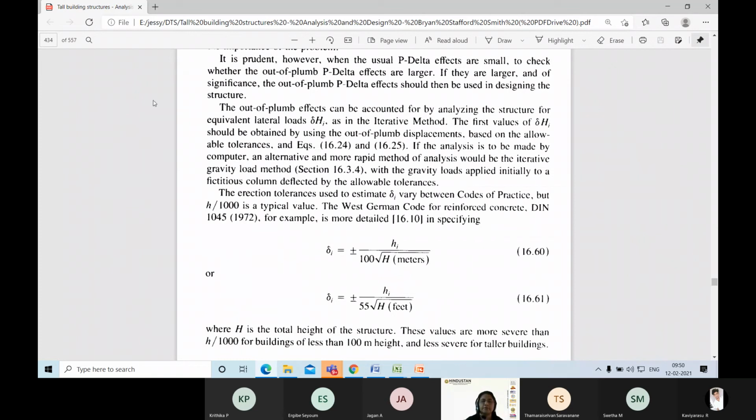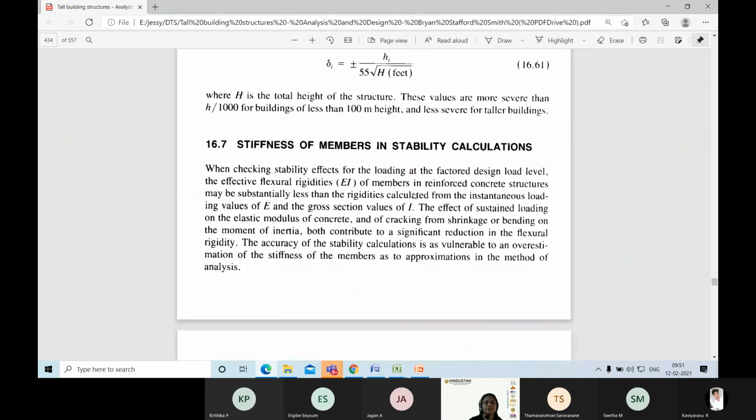Your IS wind code, not 1893, sorry, IS 875, is now revised, incorporating some effect of crosswind analysis, etc. But it is still not complete. For Indian conditions, the codes are not revised enough to take all this second order effect into consideration.